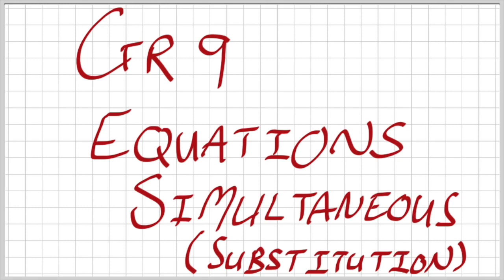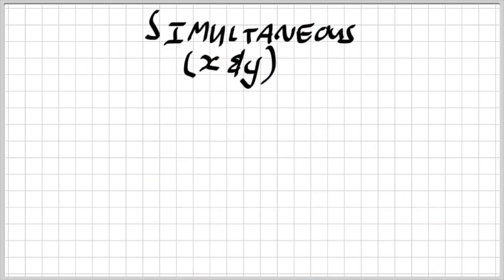So remember, when you are looking at an exam, you will see that a simultaneous equation would have both x's and y's in, and they even tell you solve simultaneously. They don't have to, they can just say solve x and y. But there are two types of methods that you can use to solve simultaneously.